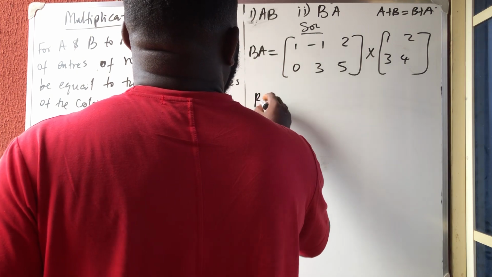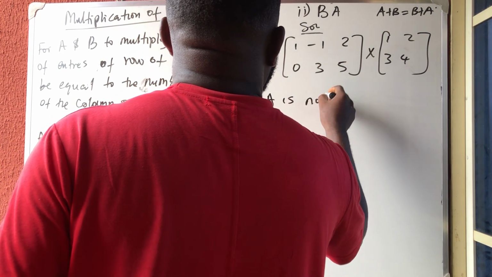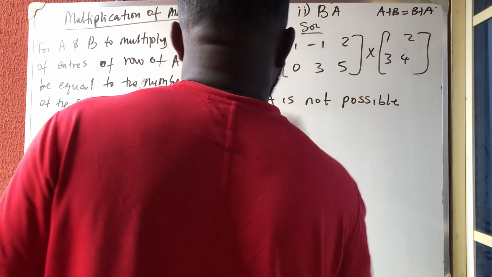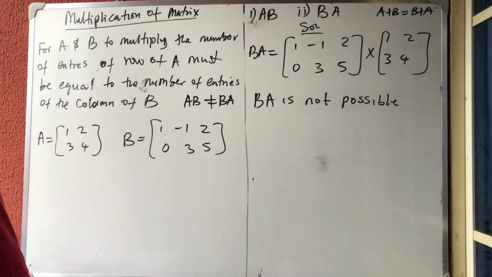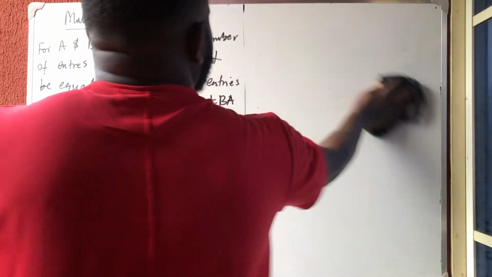Therefore, BA is not possible at all. So let's use a bigger matrix for us to really understand it very well.